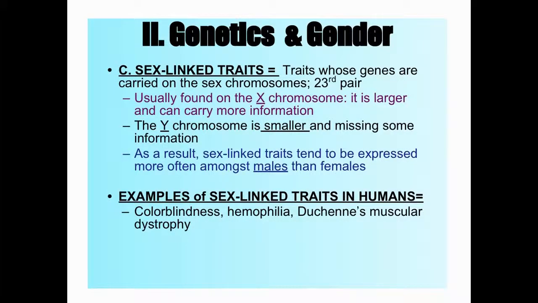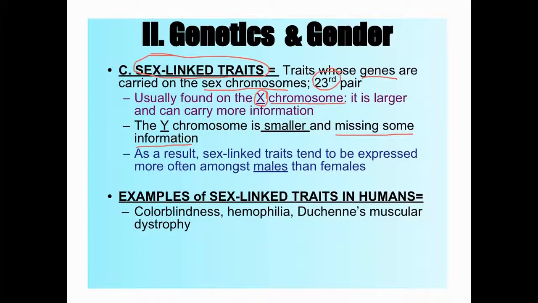All right, so like I said, sex-linked traits. These are traits whose genes are carried or found on the sex chromosomes or the 23rd pair. These genes are usually found on the X chromosome because it is much larger than the Y chromosome. The Y chromosome is smaller, so us males, we're missing some genetic information.